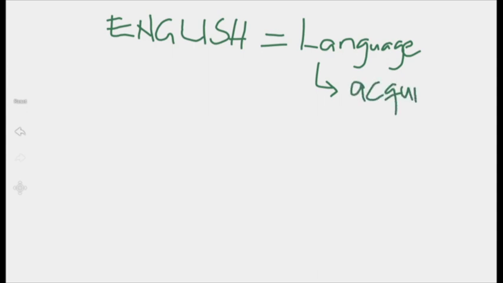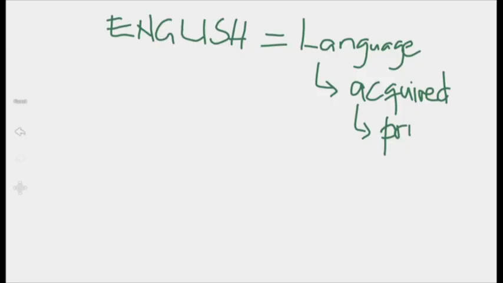So language is acquired. Acquiring the language means that it is a gradual process. You cannot wake up one morning knowing the language. We cannot teach each other the language in just one lesson or in 1 year so that you are able to know it. No, you need to acquire it, which means that it's a step-by-step process.